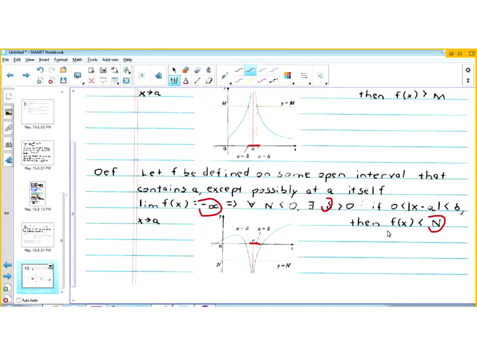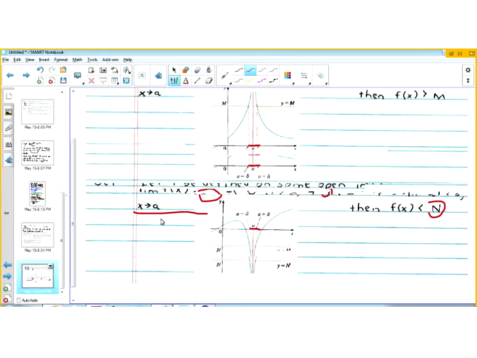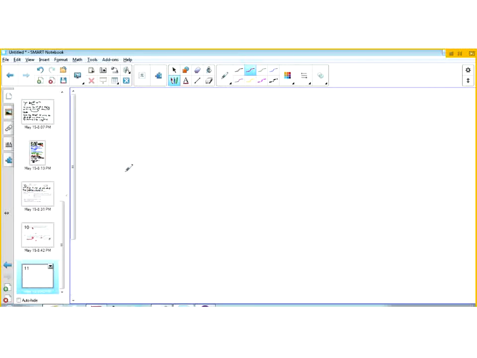So the trick is finding a delta so that this works for any n less than 0. If that's the case, then this limit holds.